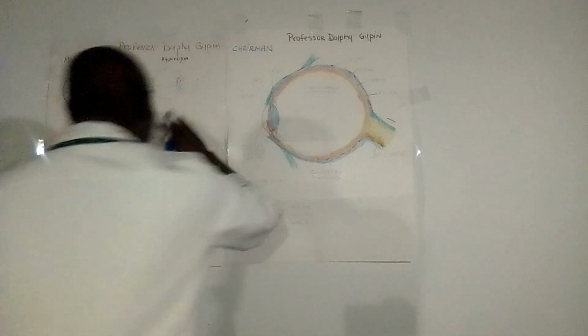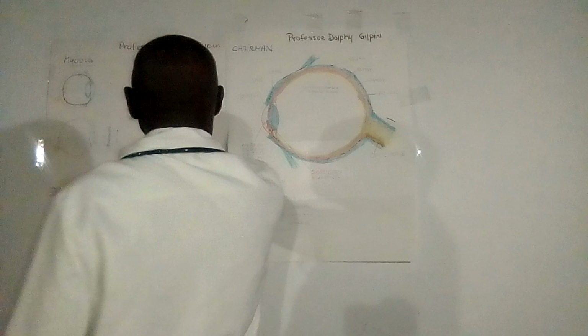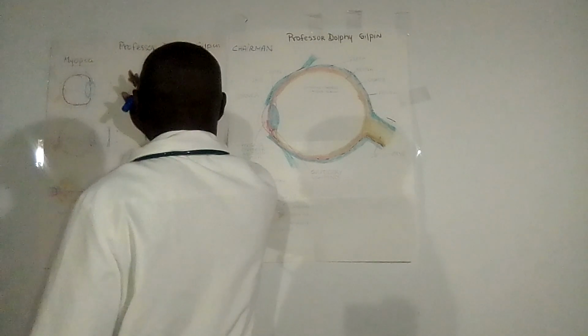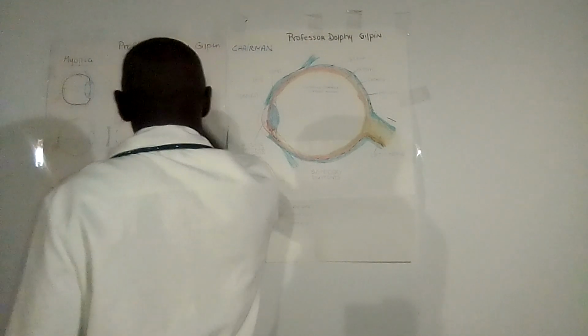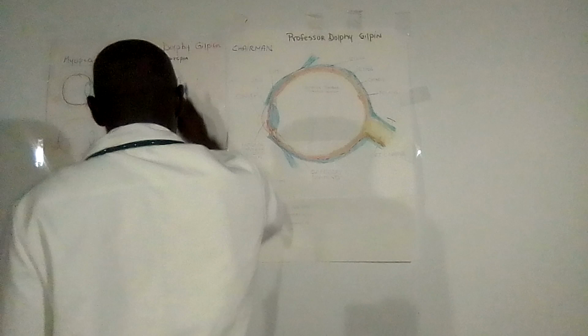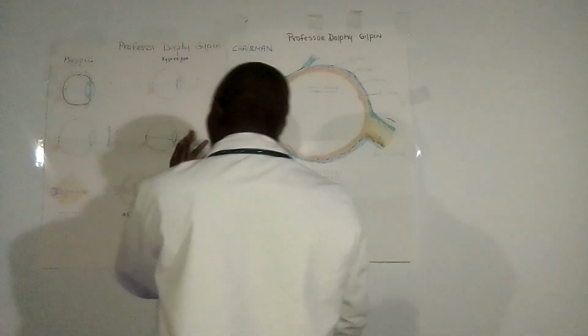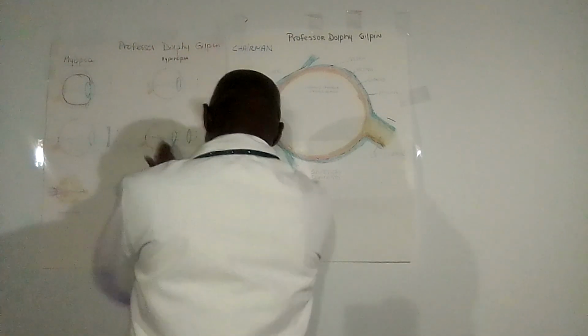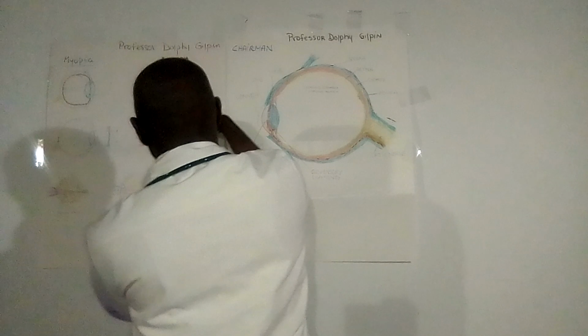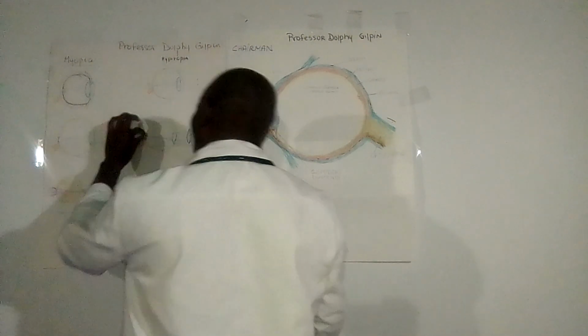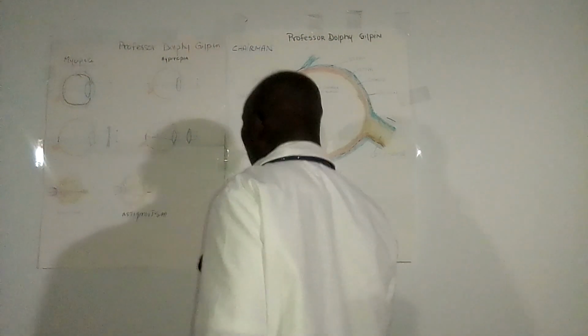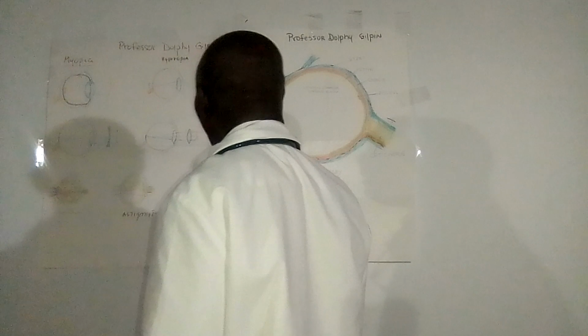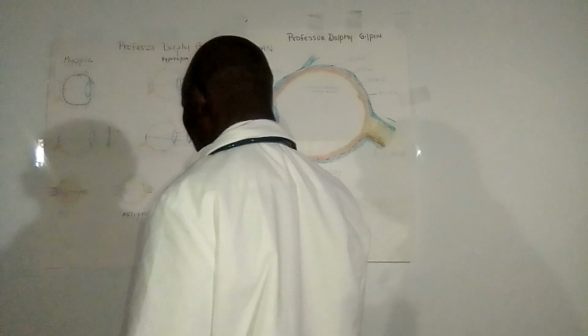For hypermetropia, the image forms way out beyond the retina, for long sight, and we use a convex lens to converge the rays so the image forms on the retina. That's the correction of hyperopia or hypermetropia.